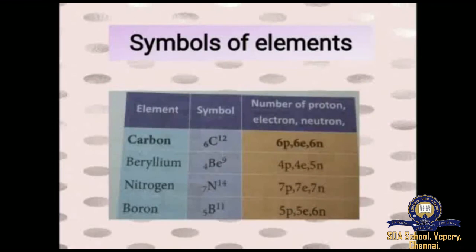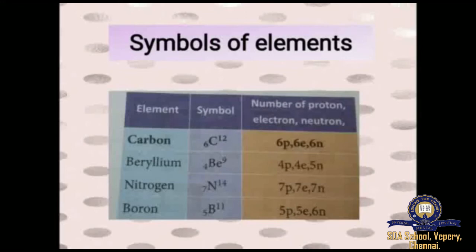Symbols of elements. The first element is carbon and its symbol is C, its mass number is 12 and atomic number is 6, and it is written like this. The number of protons, electrons and neutrons are 6 protons, 6 electrons and 6 neutrons.